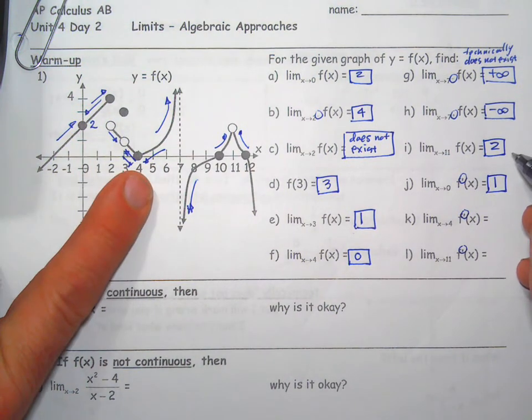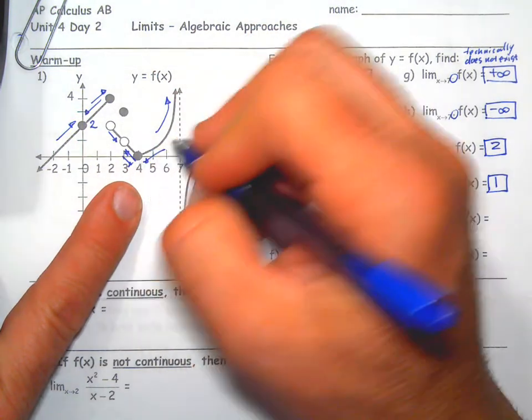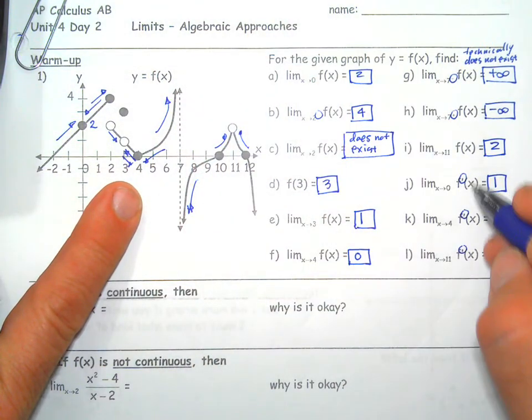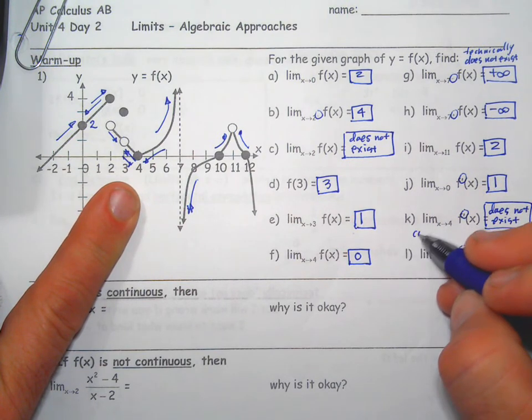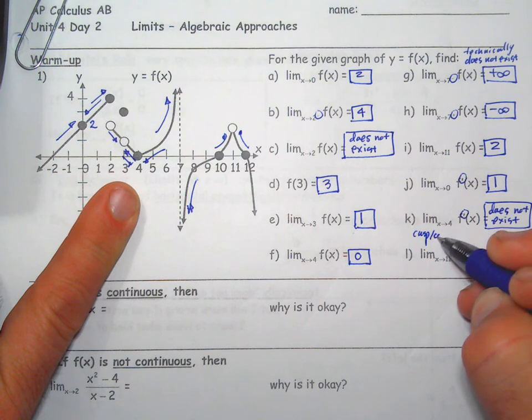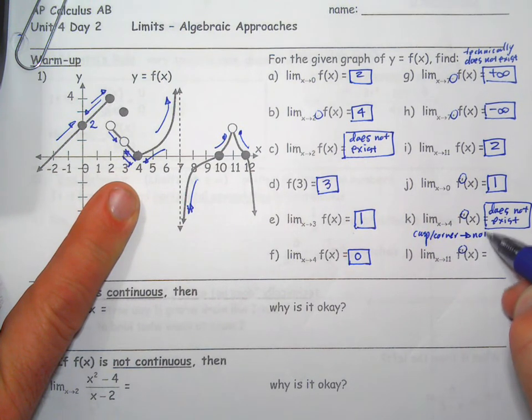As we approach 4, the slope on the left is -1, the slope on the right is something positive. So we're going to say does not exist because the slopes on both sides do not agree, which is always going to happen at a cusp or a corner because they are not differentiable because the two sides don't agree.